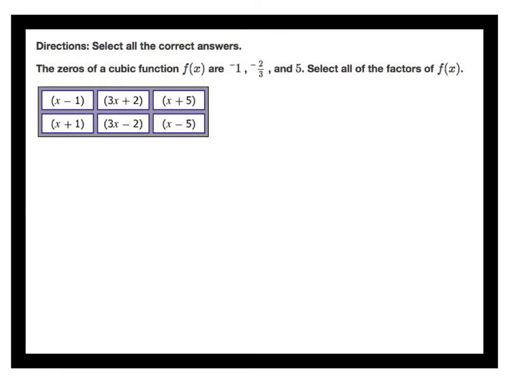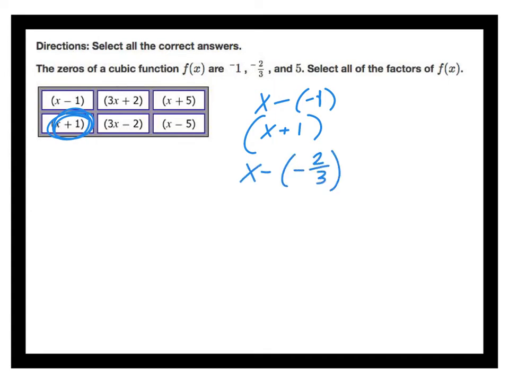Okay, so first of all, if -1 is a 0, then x minus -1 is a factor. That means that x plus 1 is one of the factors we're looking for, and that's this one right here. If -2/3 is an answer, we write x minus -2/3. Now this is a little different because our factors are never going to have fractions in them.